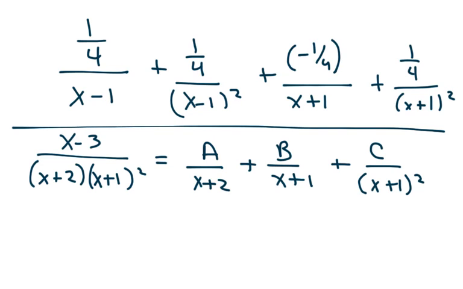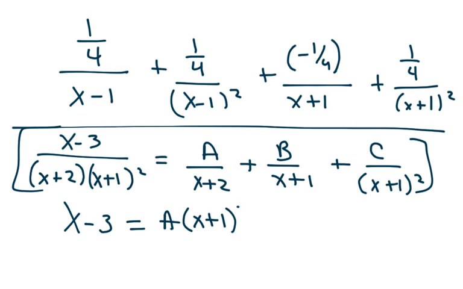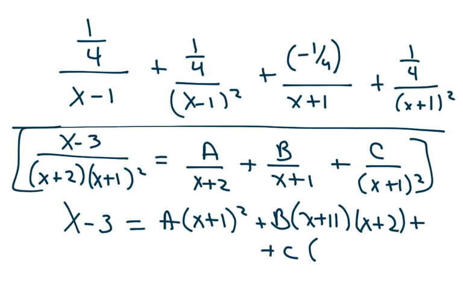Now, when you multiply and clear the fractions, you're going to get x minus 3 equals A times (x plus 1) squared plus B times (x plus 1)(x plus 2) plus C times (x plus 2). Alright? So I don't know what you want to clear, but let's go ahead and let x be negative 2.